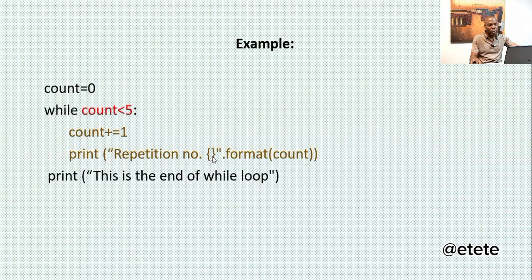I will show you this on the PyCharm. Then after the loop, once this condition is false, it will come out of this loop and print out: this is the end of the while loop. So I'm going to test this on the PyCharm for you to see how it works. So let's go right into our PyCharm and then test it.